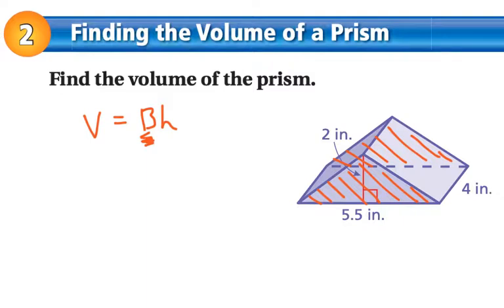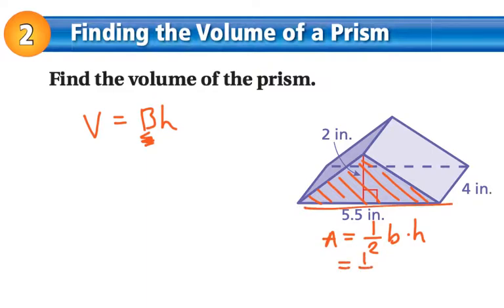So to find the area of one of those bases, we'll have to remember how to find the area of a triangle, which is, of course, 1/2 times the triangle's base times its height. So for a moment, we're going to focus on just that two-dimensional or that flat face, and we'll go back to the three-dimensional figure. Well, it looks like here that the base of the triangle is 5.5 inches.